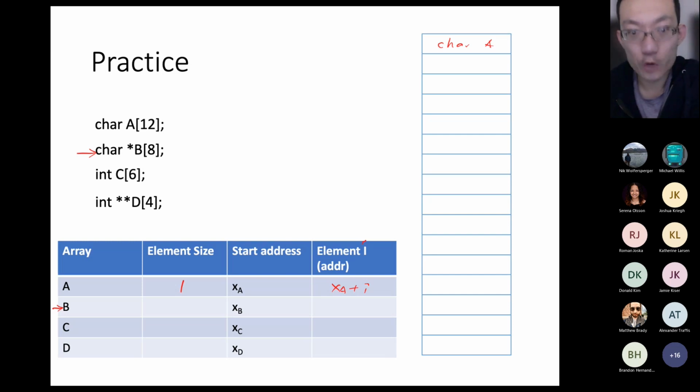So for a 64-bit machine, the address is 64 bits, and translated to bytes, we have 8 bytes. So each element is 8 bytes.